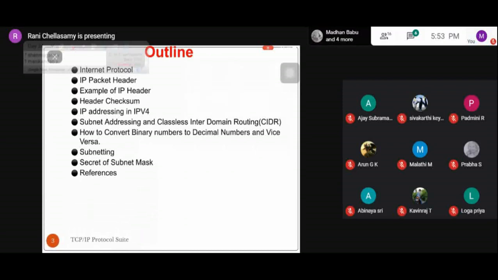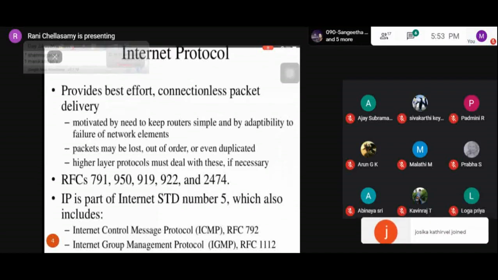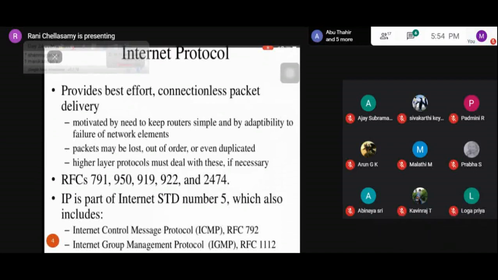Next we'll move on to the introduction of Internet Protocol. Internet Protocol is a layer 3 protocol, which means it's a network protocol. In the network layer, you can use Internet Protocol, ICMP, that is Internet Control Message Protocol, and IGMP, that is Internet Group Management Protocol.